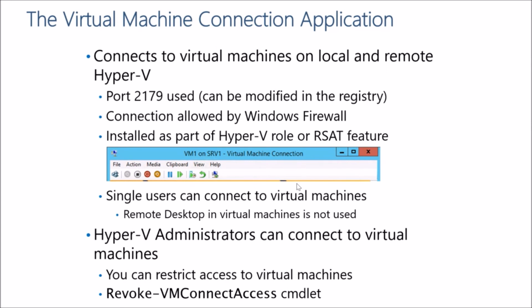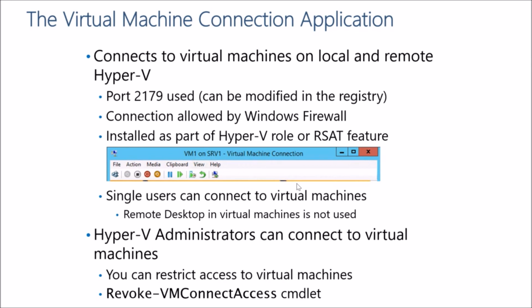And in order to actually open up a console, you have to double click on it or right click and connect, and basically that will open up a console, and it's very similar to the idea of the remote desktop. So it uses port 2179, but you can modify that.